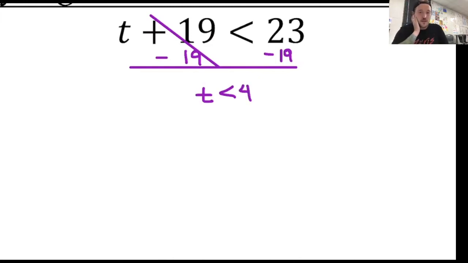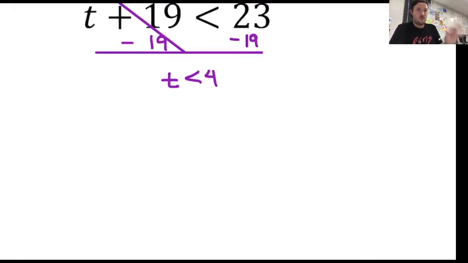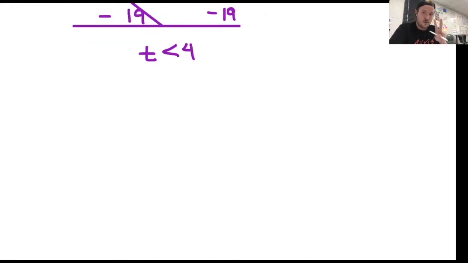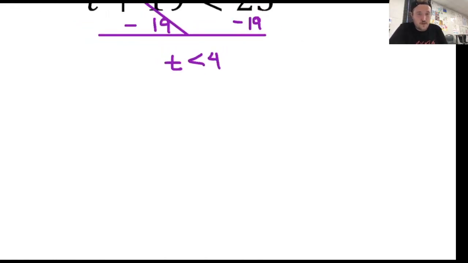Once you get to your answer here, this is where you can start addressing the rest of the details. You want to ask yourself those two questions: is it open or closed, and do I shade right or left? I always answer these two questions as part of my work. So first one, is it open or closed?